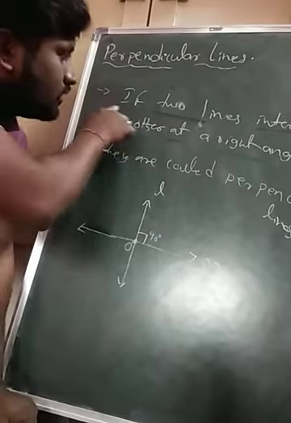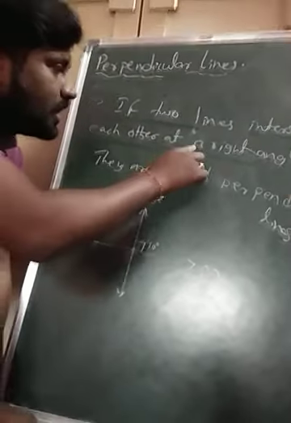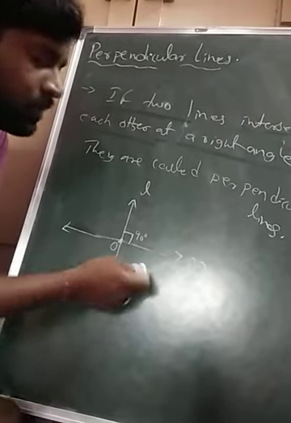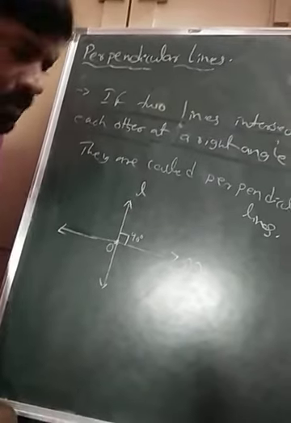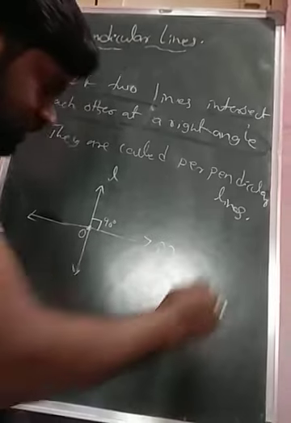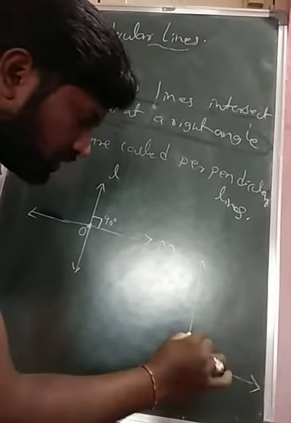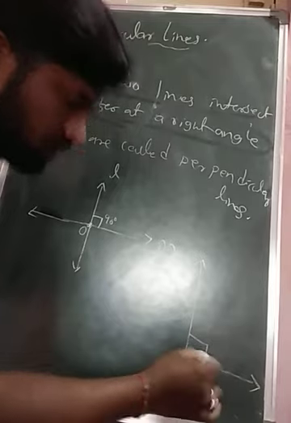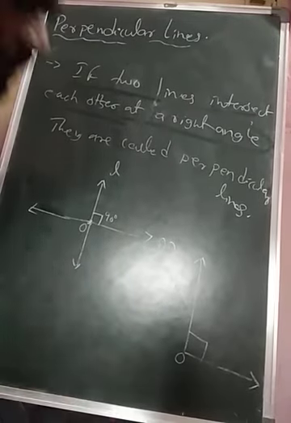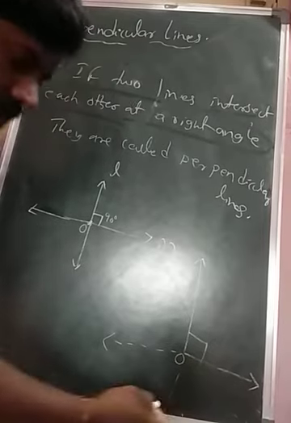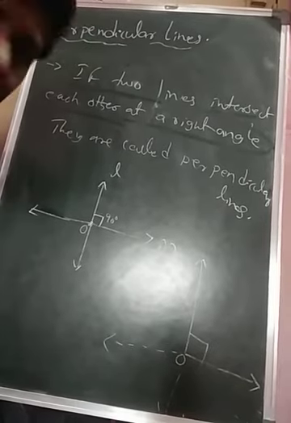If two lines intersect each other at a right angle, they are called perpendicular lines. Here also, these two lines are perpendicular lines.